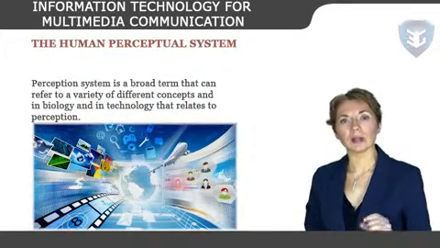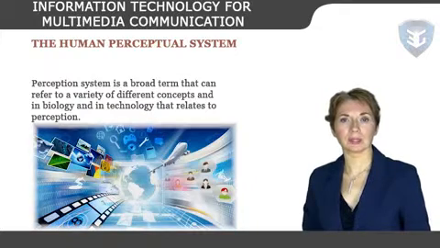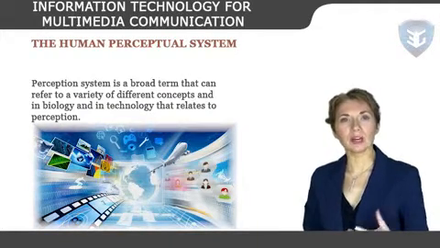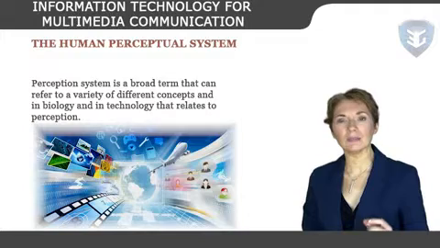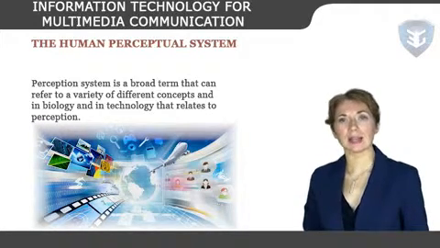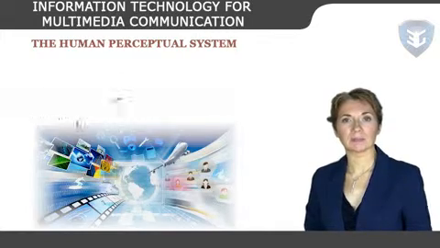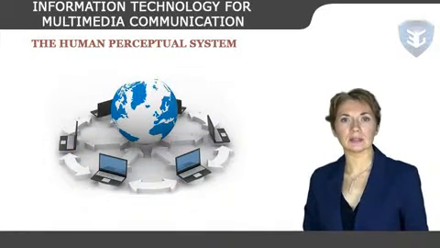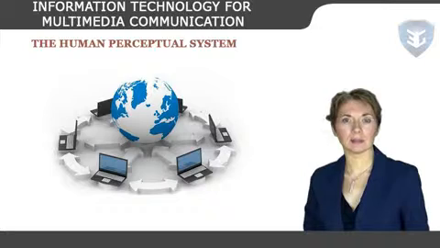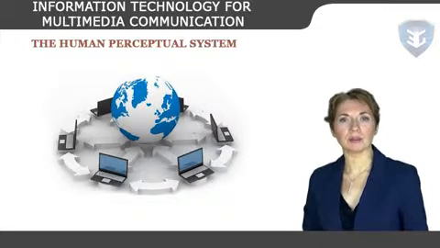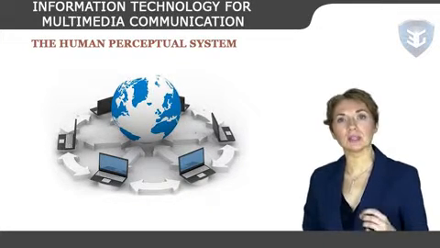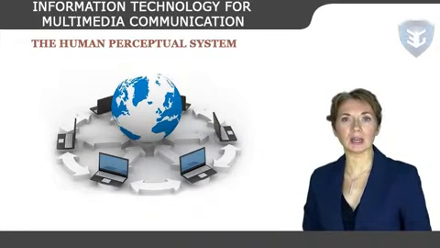Let's now learn about the human perceptual system. Perception system is a broad term that can refer to a variety of different concepts and constructs in biology and in technology that relates to perception. The visual system, for instance, is a human perception system that includes all of the components that are directly involved in giving visual information about one's environment.